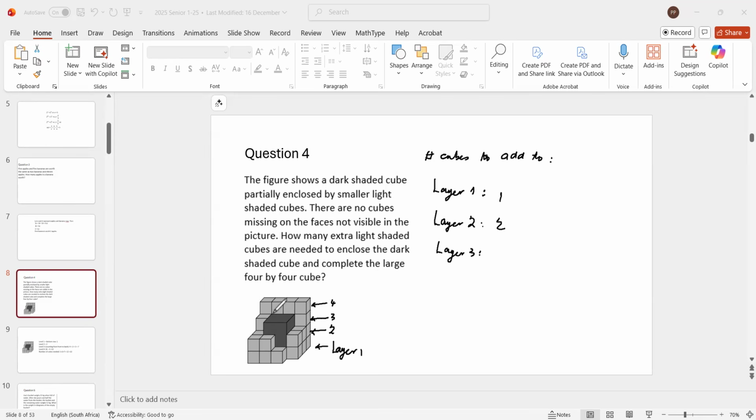Oh, now there are quite a few missing here. We've only got 2 there. So I have to put 2 on this side, another 2 on this side. That makes 4, and 3 this way. So there are 7 to put here because I need to put layer 3.